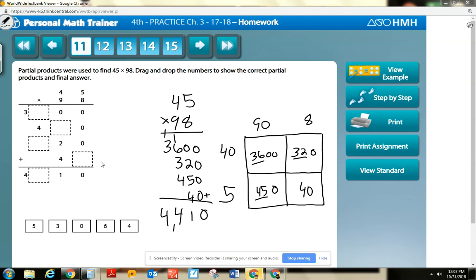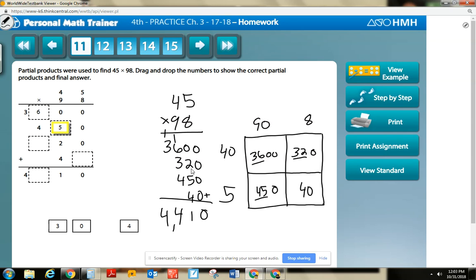But now we have to go over here and fill this in. We have to drag these numbers into the place to show what we did. So 3,600. Okay. Now 320. That's not 320. So it would be 450. So that must be the 5. You see, they kind of added the partial products in a different order than me, maybe than you.